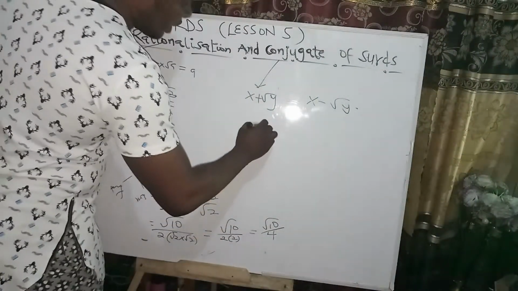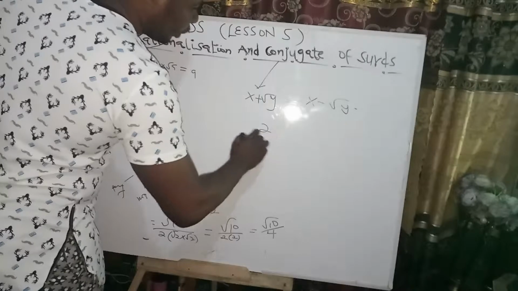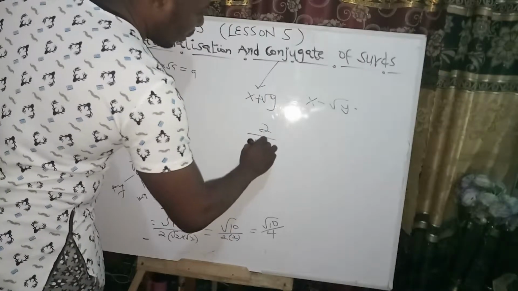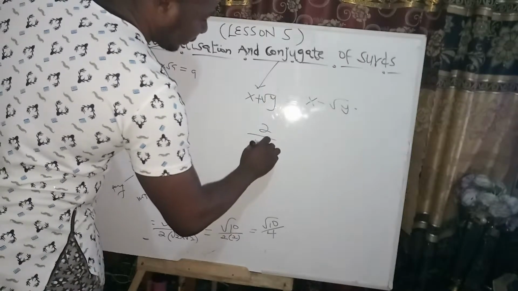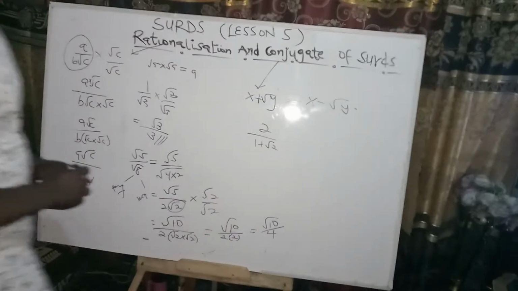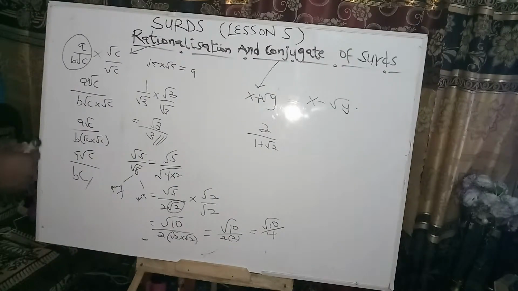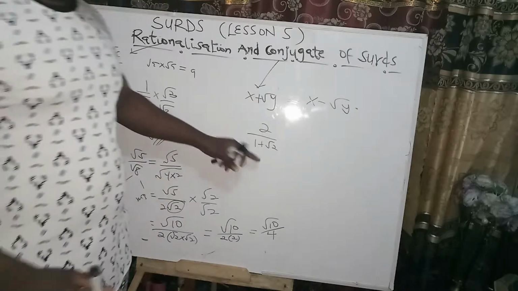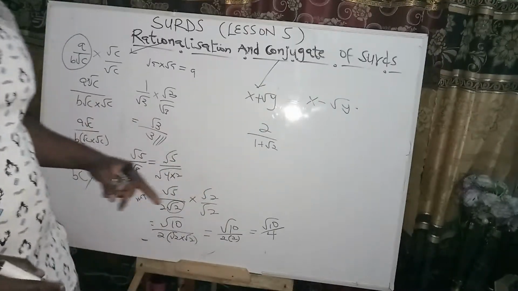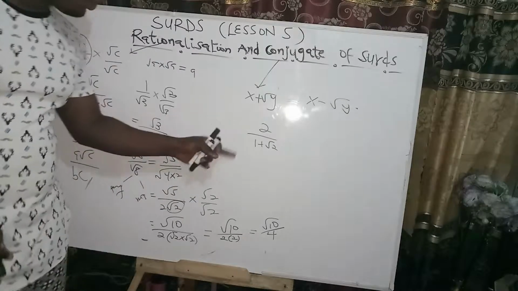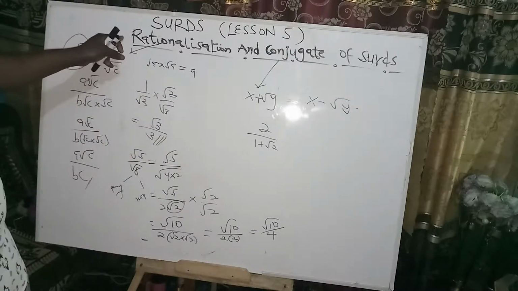So let's take an example. Questions might come in this form. Let me say I have 2 over 1 plus root 2. So to find the conjugate, you need to do the first thing that we have learned here.